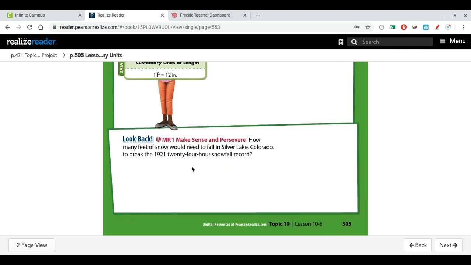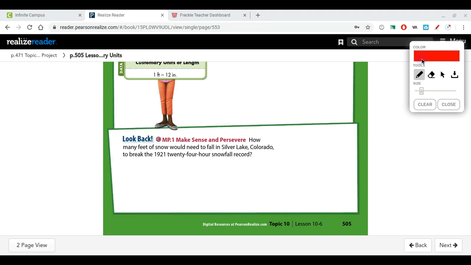How many feet of snow would need to fall in Silver Lake, Colorado to break the 1921 24-hour snowfall record? When we look at this, I'm going to say the 1921 record was 75.8 inches of snow. And I need to see how many feet would fall.